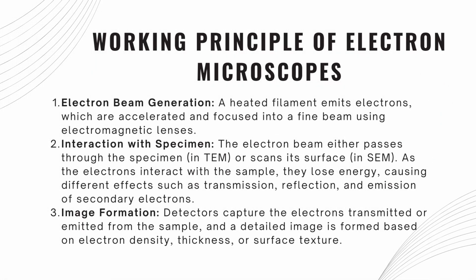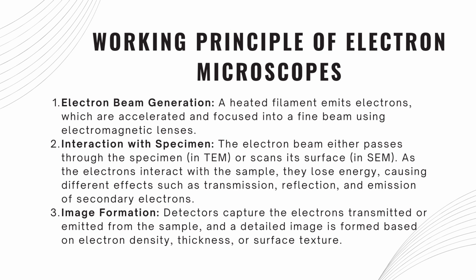Working principle of electron microscopes. Electron beam generation. A heated filament emits electrons, which are accelerated and focused into a fine beam using electromagnetic lenses. Interaction with specimen. The electron beam either passes through the specimen in TEM or scans its surface in SEM.